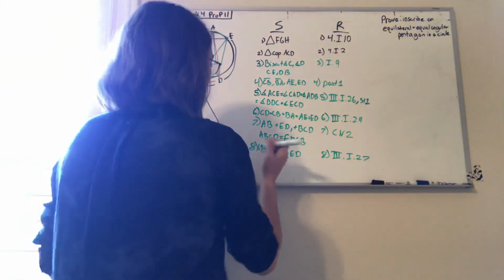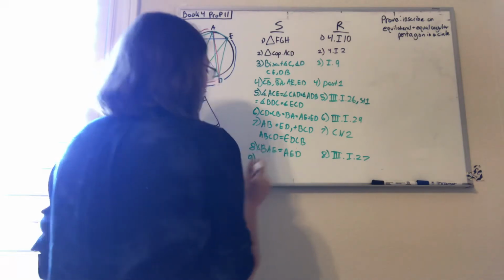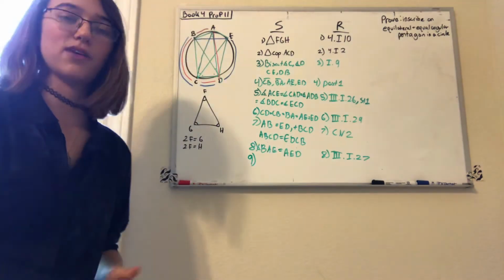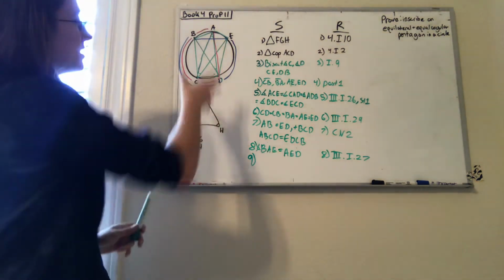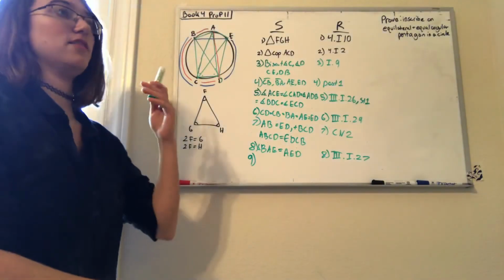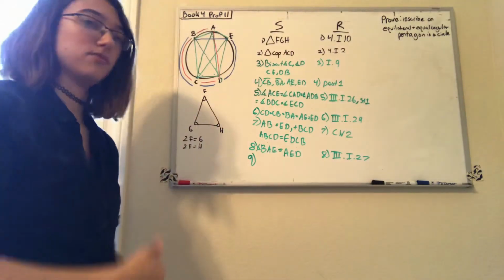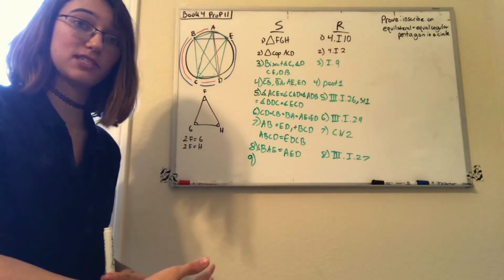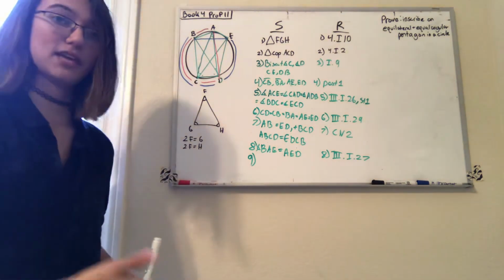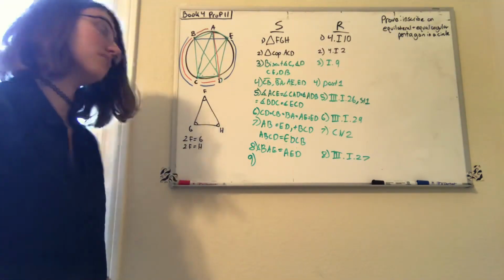Now our next step, Euclid doesn't do this so we don't have to, but he goes around and says each of those lines are equal to each other, therefore if we add a few lines to it we can make the circumferences equal to each other. He keeps saying each circumference is equal to each other.